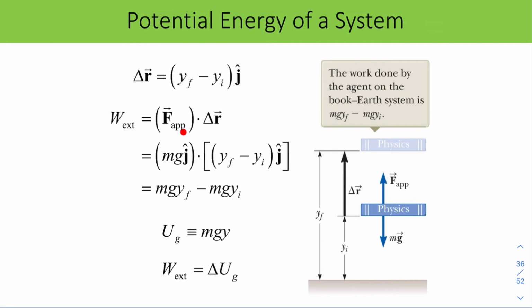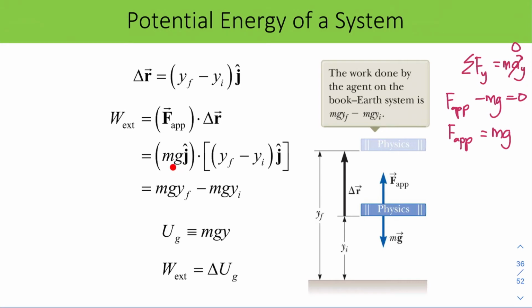So what is F applied? It must be equivalent to mg, because if we do sum of Fy equals may, at constant speed ay is 0. So you have F applied minus weight equal to 0, and from here F applied equals weight. Then let's proceed.